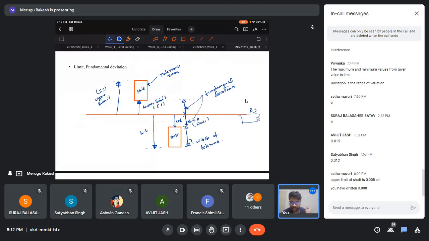Okay, everyone got the same answer, 20 microns. Any doubts?